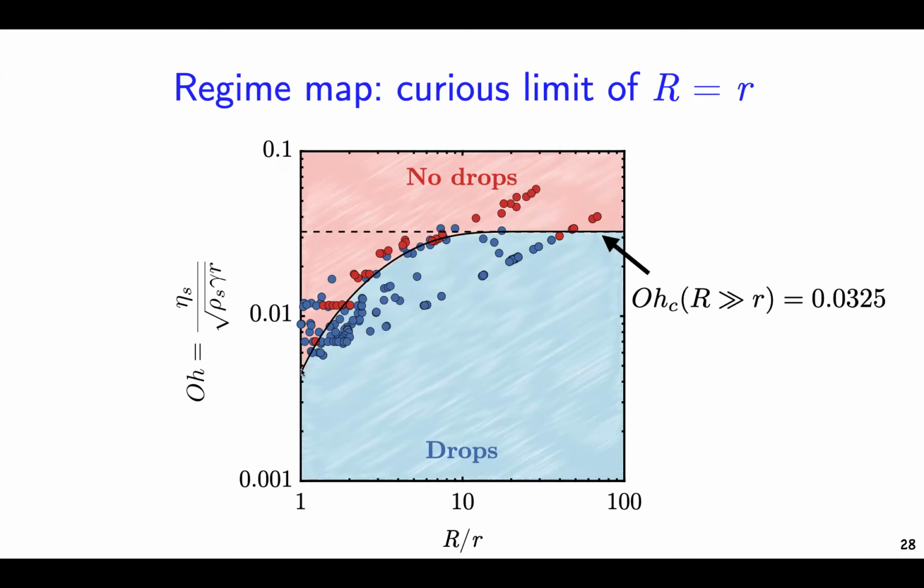And then we noticed another interesting aspect of this limit of capital R equals small r: even at the radius ratio of 1, there is a finite critical Ohnesorge number, which is roughly 0.004 or something over here, and it's not zero. So droplets can form even if the radius ratio is exactly 1, if the Ohnesorge number is quite small.